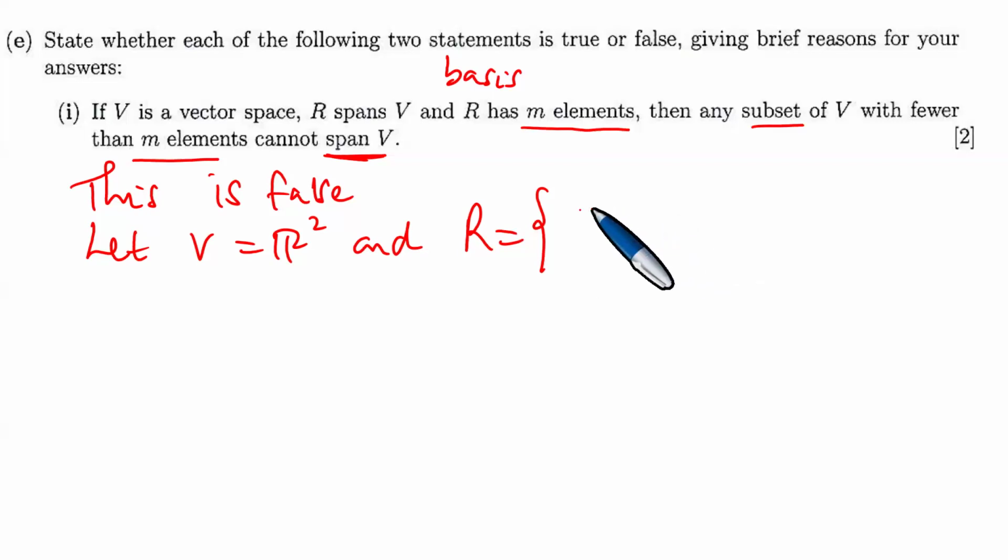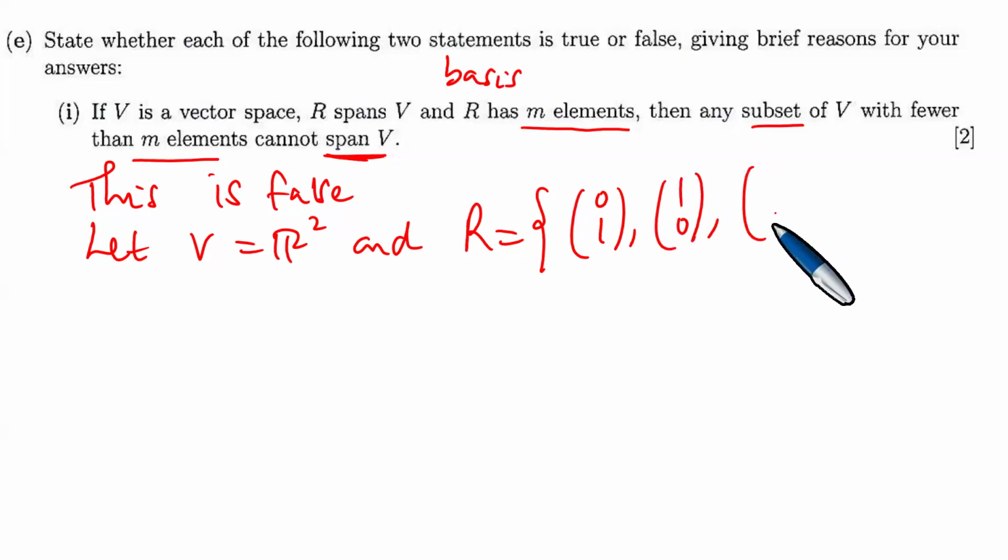Now, you can take R to be a set that has more vectors, M vectors, or 3 vectors, suppose. How many elements do we need to span V, to span R2, to generate R2?